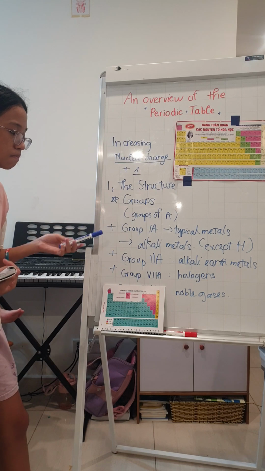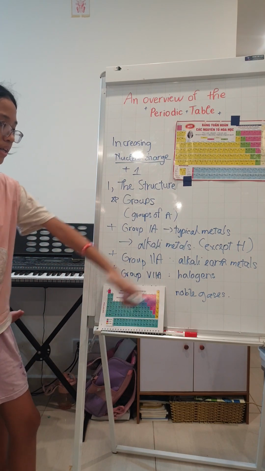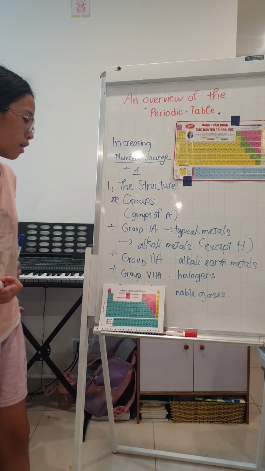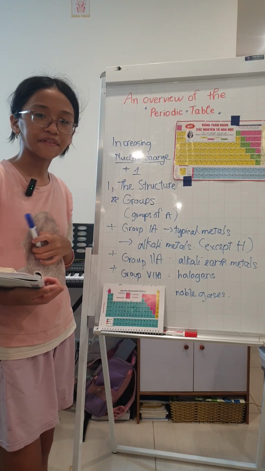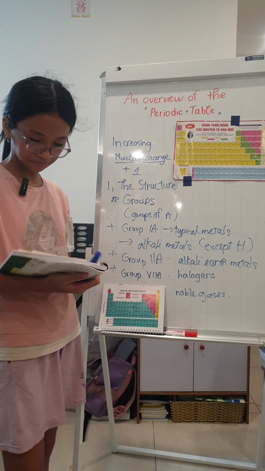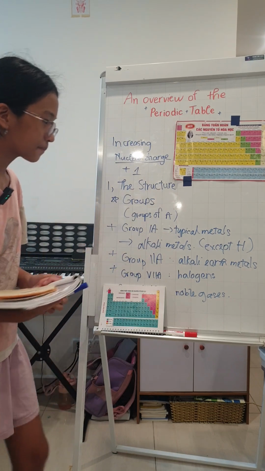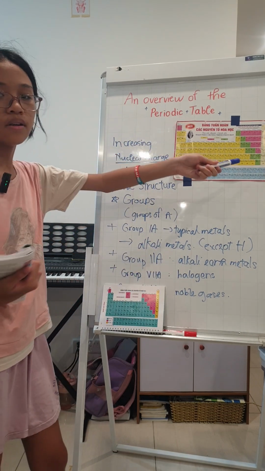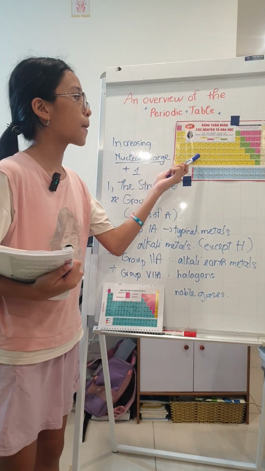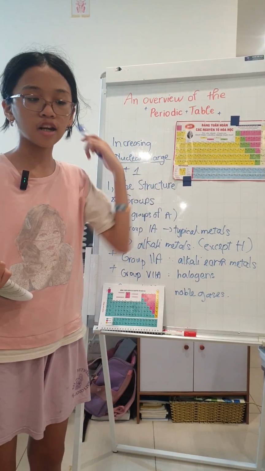Now I will move back to the part on why hydrogen isn't an alkali metal. Why? Well, you see here, the periodic table consists of 3 kinds of elements: metals, nonmetals, and noble gases.